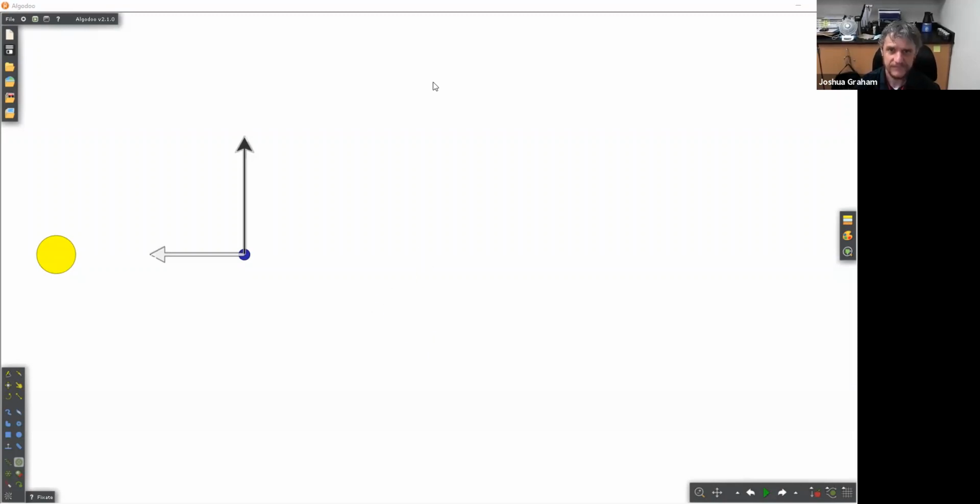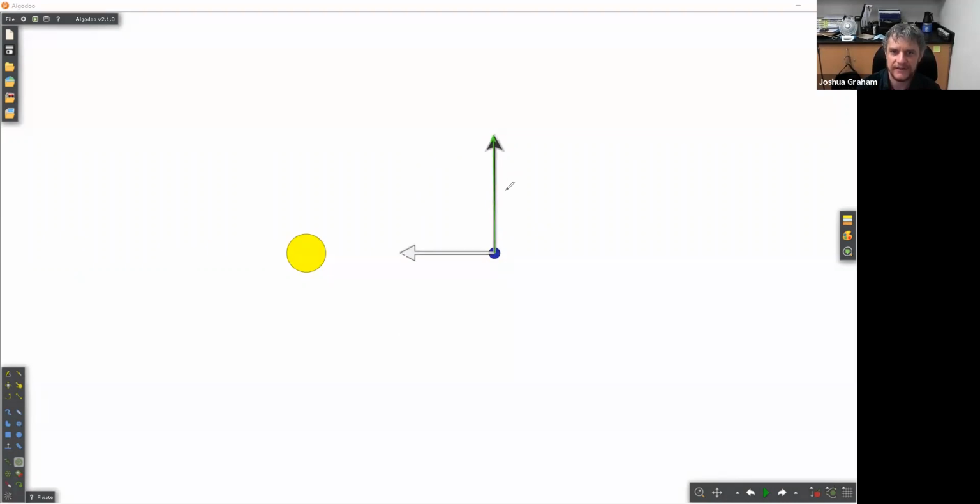Let me move it back here to the center. I have an initial velocity vector here, and I'm going to draw that so I can keep track of it after the Earth starts moving. Let's do green vectors. So this will be my initial velocity vector.